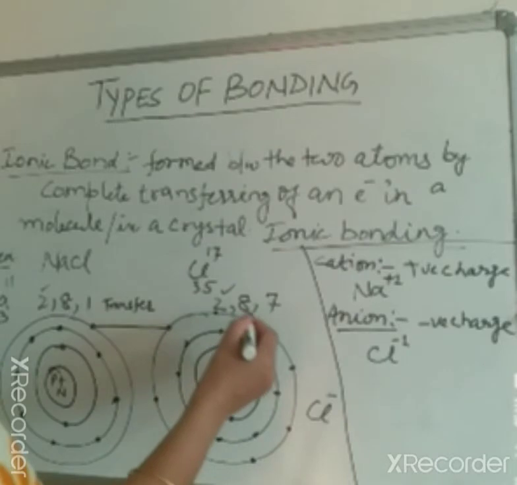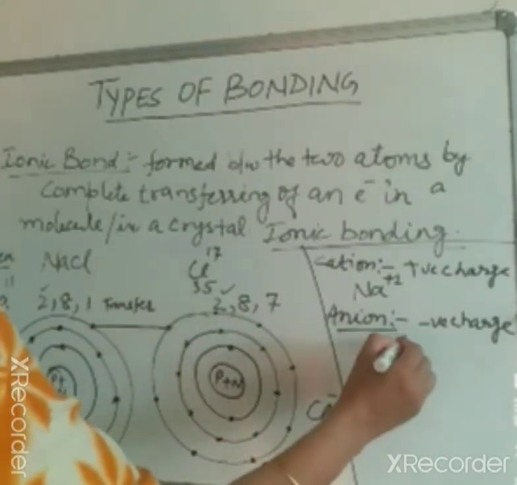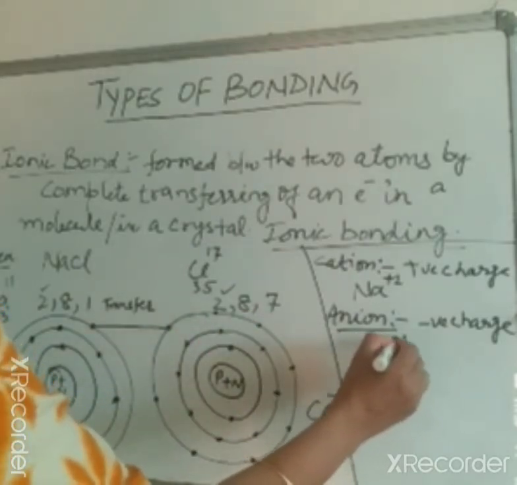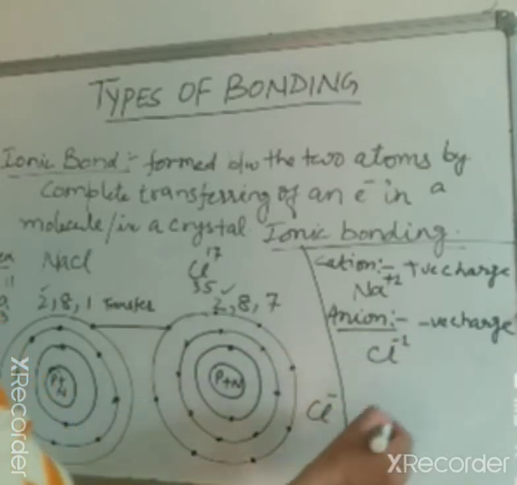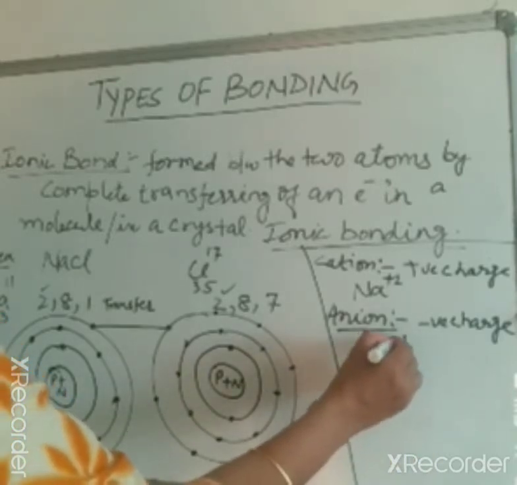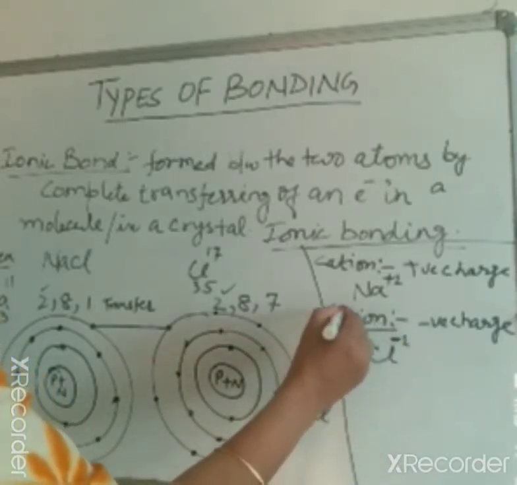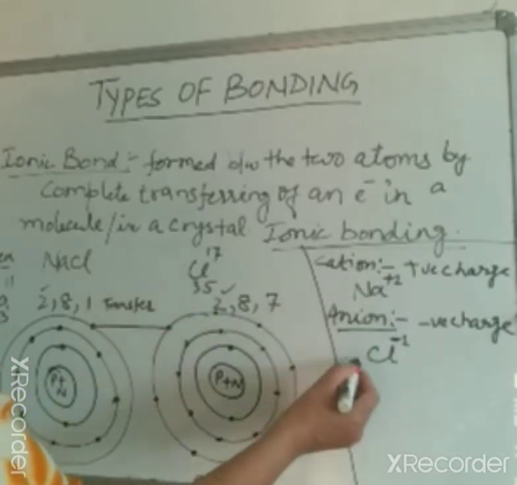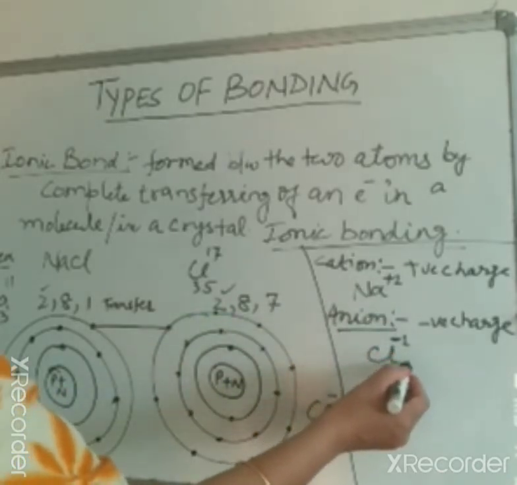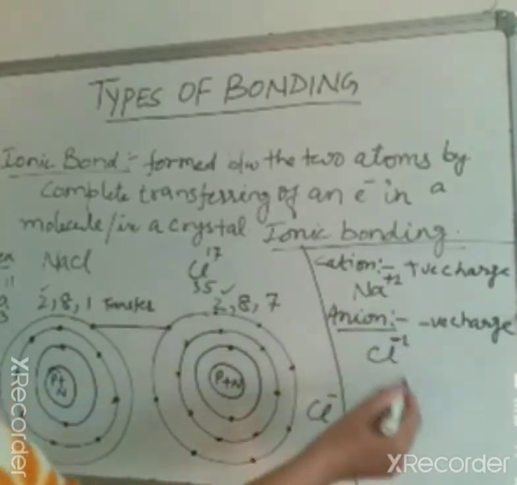If it gets 2 electrons, then here it will be 2. If it gets 3 electrons, then here it will be 3 like this. When it is gaining electrons, it comes in the form of an anion. So it will be a chlorine anion or chlorine ion.